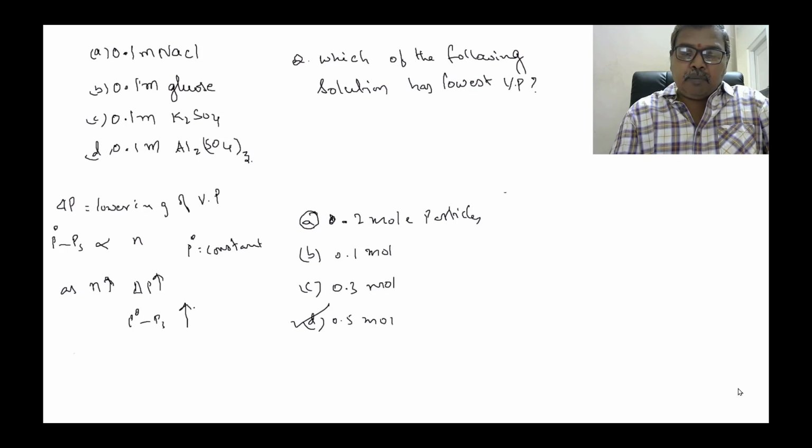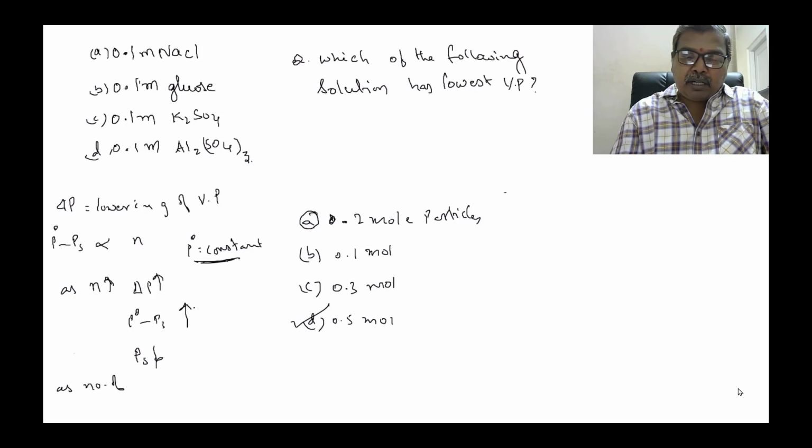But there is no change in P0 because it is constant at a given temperature. To increase P0 minus Ps value, since P0 is constant, Ps value decreases. Means vapor pressure of the solution decreases.